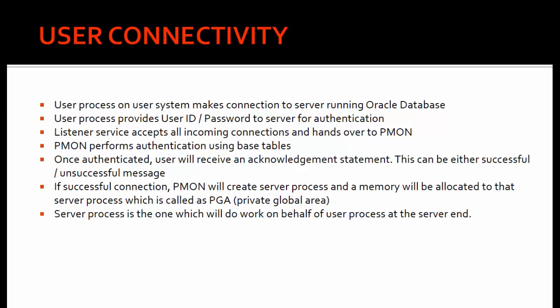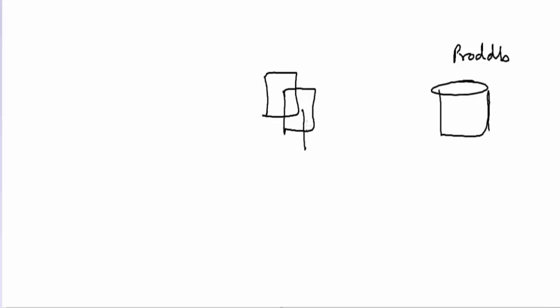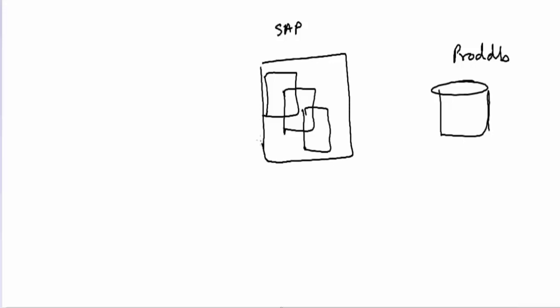Let us look at this connectivity once again. We have a database. This is the database server and our database name is prod.db. We have an application. Let us assume our application is SAP and this resides on one server, and we have multiple remote users who connect to the SAP application server via their local systems.